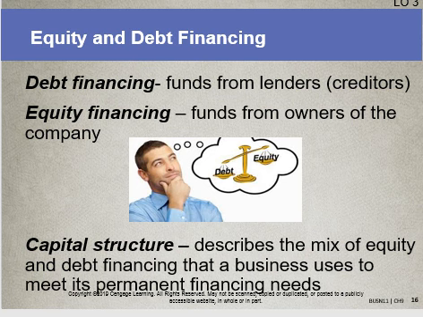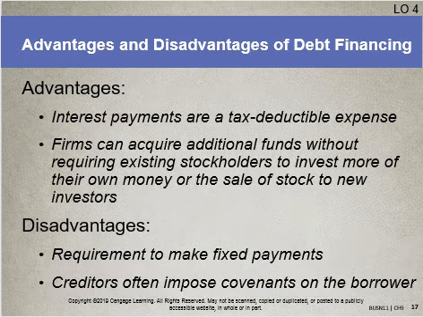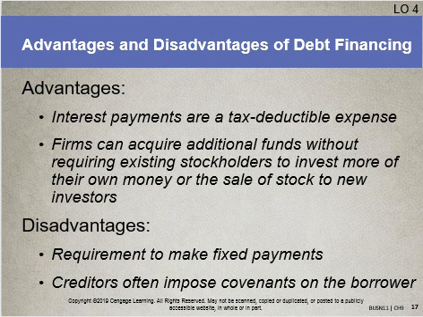The balance of how much of your financing is coming from debt and how much is coming from equity is called capital structure. That just describes that mix. Okay, so there are pros and cons to slanting one direction versus the other.